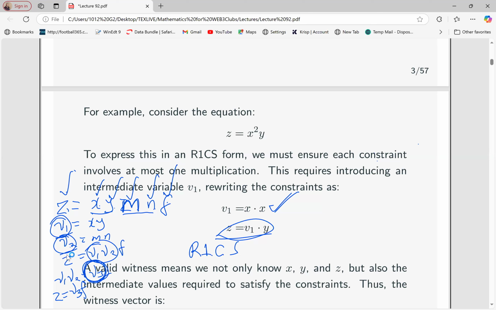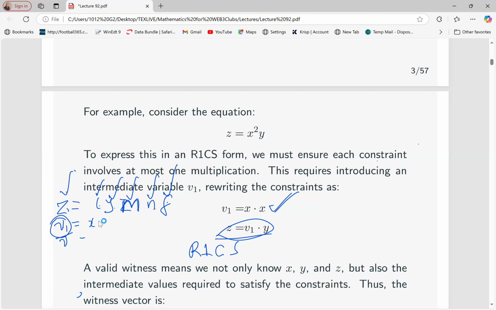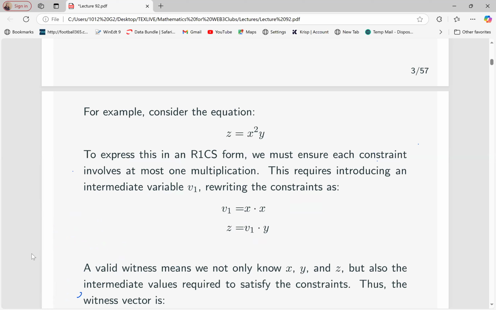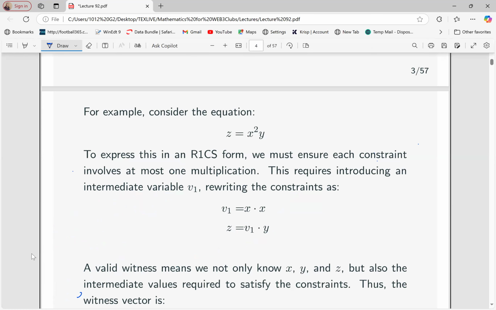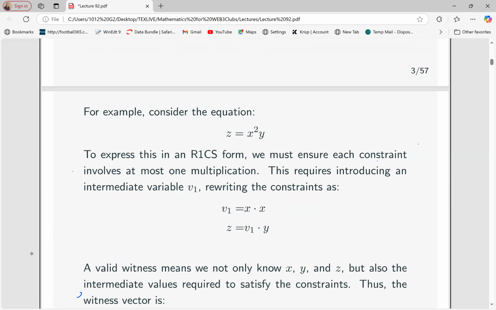So let us write a witness for this example, the example that we've just looked at, where Z is X squared times Y. What is our witness? We begin with 1 always. We said this is a 1 by n vector, meaning that there's 1 row and n columns.